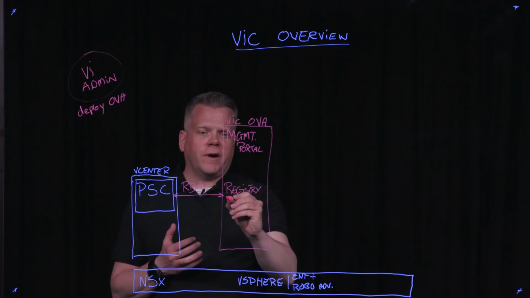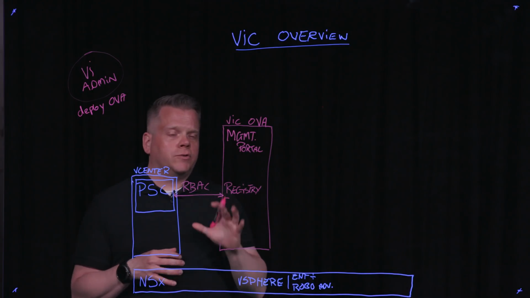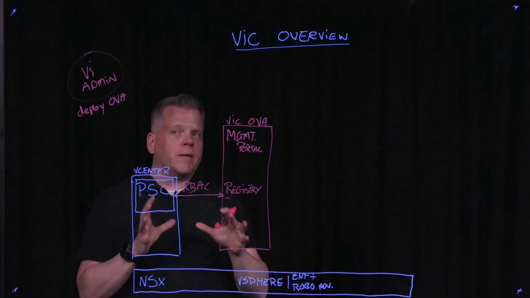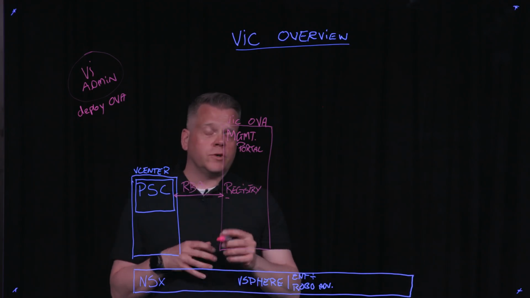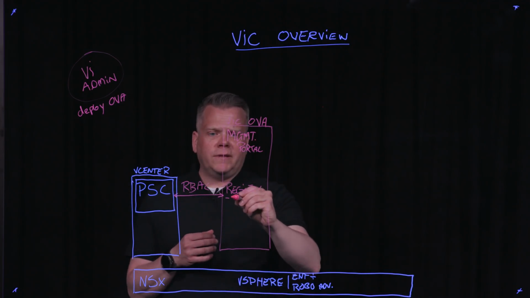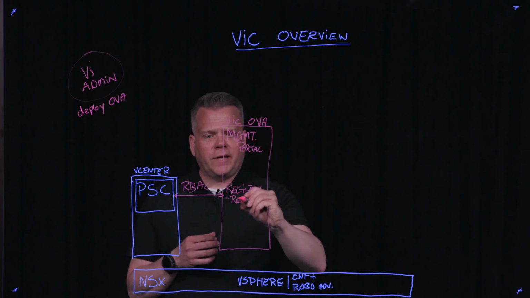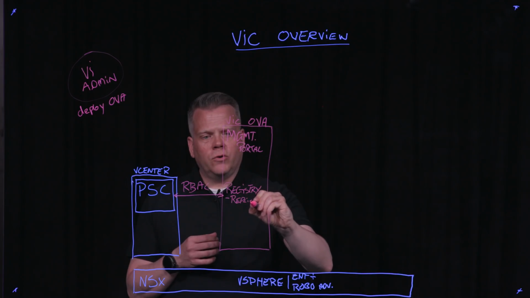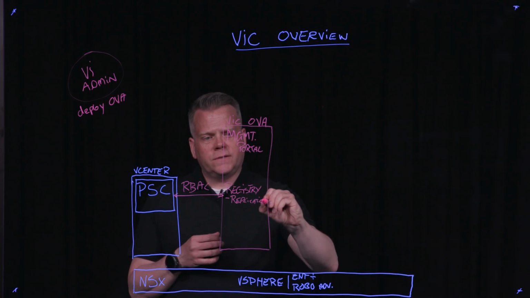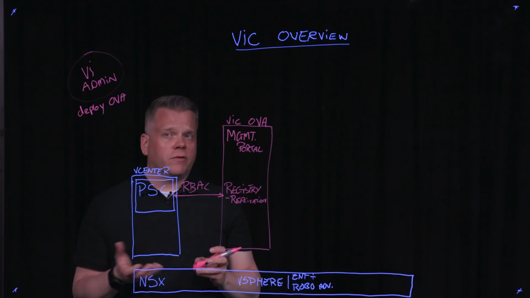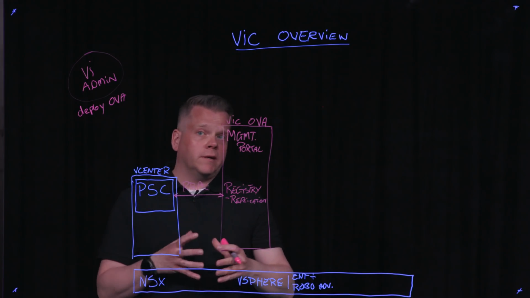This registry provides a lot of the controls you need to run containers in an environment that's been operationalized for production. What do we mean by that? You get built-in replication, so you can replicate your images to a remote site, either for data protection or if you need data locality.